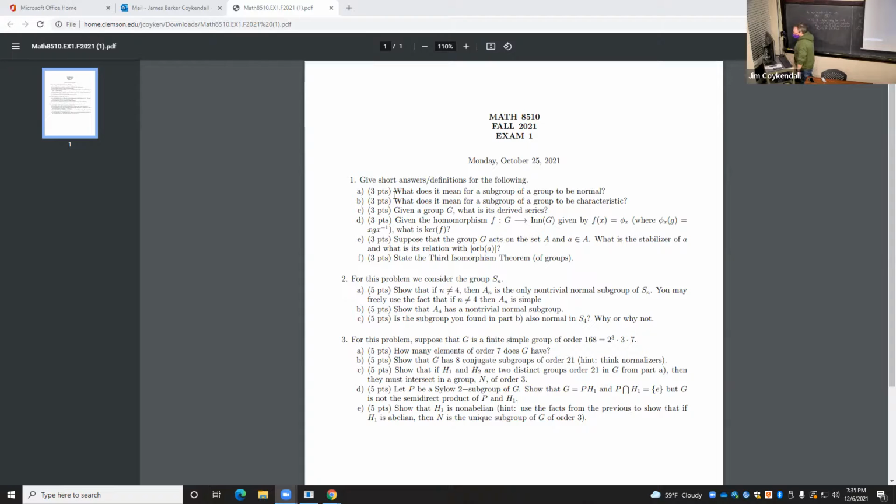Part C: show that if H1 and H2 are two distinct groups of order 21, then they must intersect in a subgroup N of order 3. So suppose H1 and H2 are two of these subgroups.